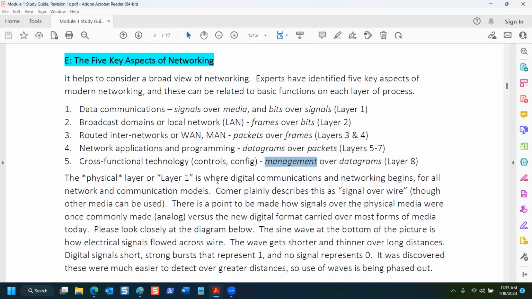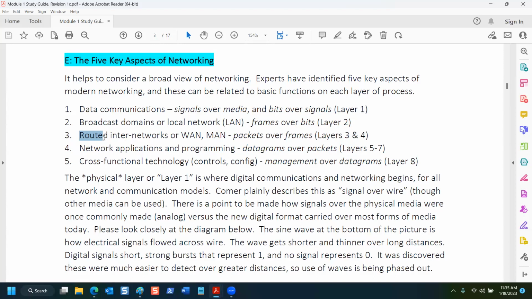The last aspect of networking has to do with the management, okay? You have to control the network infrastructure, the equipment, the routers, the switches, the Wi-Fi access points, right? Sometimes you have Wi-Fi access points that don't have a router function. What am I saying? You have a Wi-Fi hub that extends the Wi-Fi network, but it doesn't do any of the routing. It doesn't have a router built in. Those are called access points, wireless access points, or WAPs.